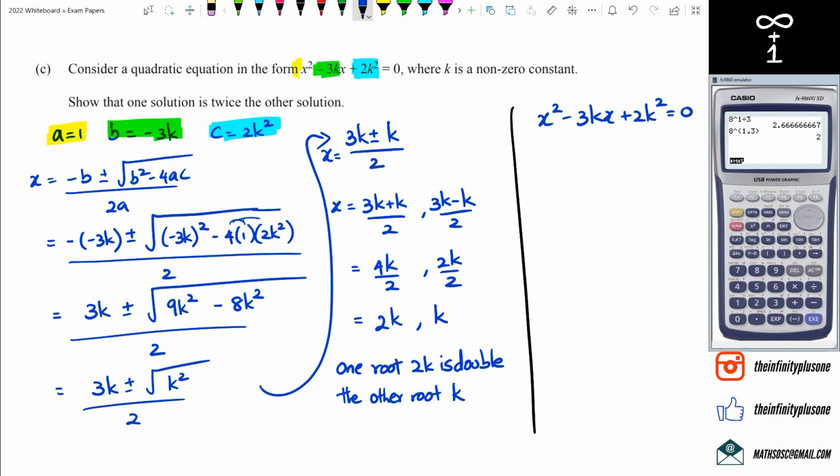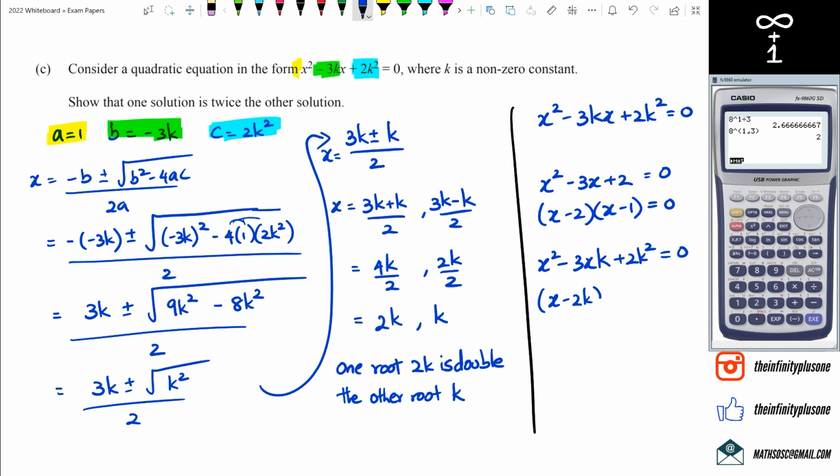Now, what I'm going to show you guys is this. Imagine if you had something like this, x squared minus 3x plus 2 equals to 0. We could actually write this as x minus 2 times x minus 1 equals to 0. So based on this theory, when I actually have x squared minus 3xk plus 2k squared equals to 0, I can factorize this to x minus 2k and x minus k.